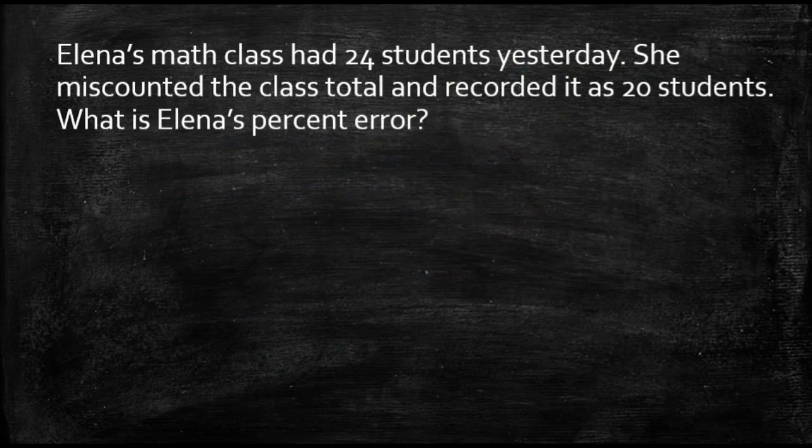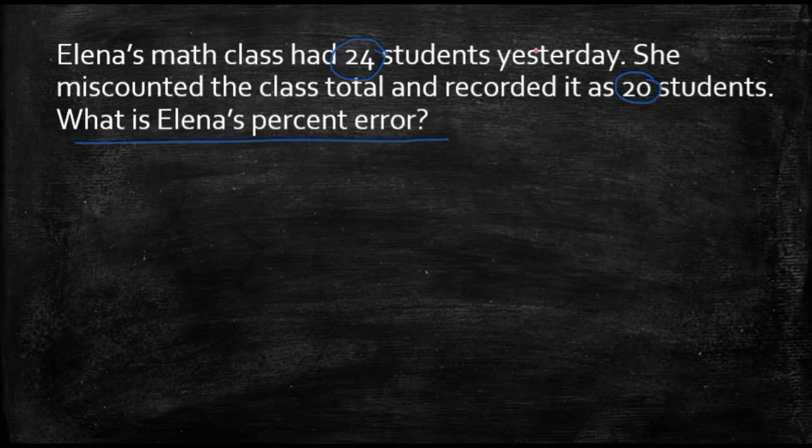Okay, so Elena's math class had 24 students yesterday. She miscounted the class total and recorded it as 20 students. What is Elena's percent of error? Okay, so let's use our cube strategy. We know that we have 24 students there, 20 students there. Okay, we know our question. What is the percent of error?